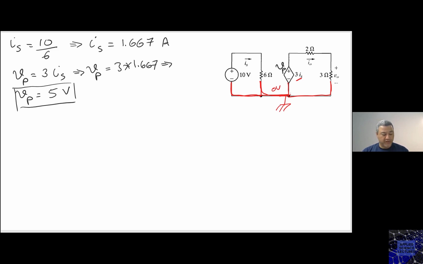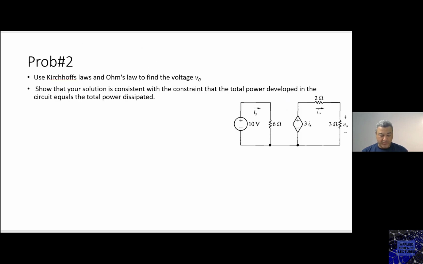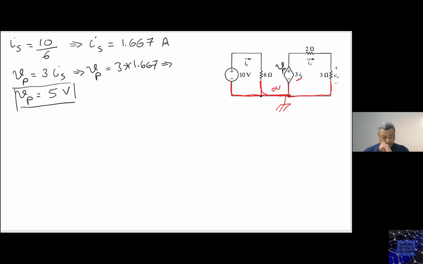Now I need to find V naught. How can I find V naught? Can somebody tell me how to find V naught? I found now this voltage, VP. If I write the KVL here, what do I have?